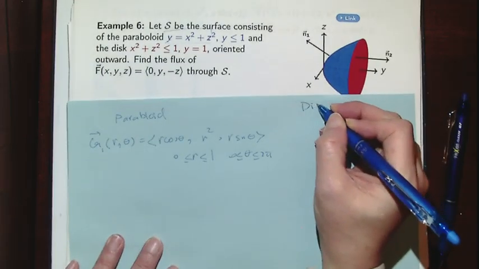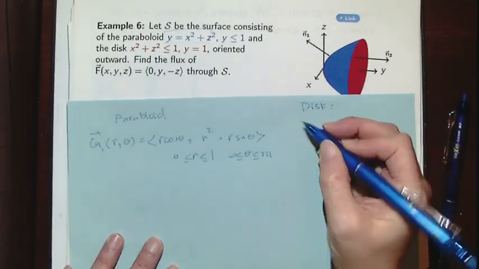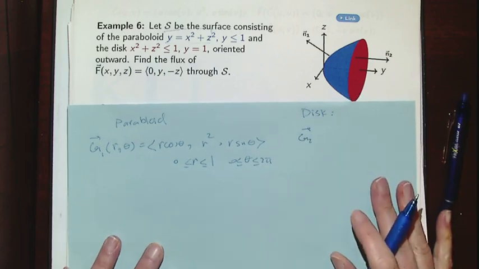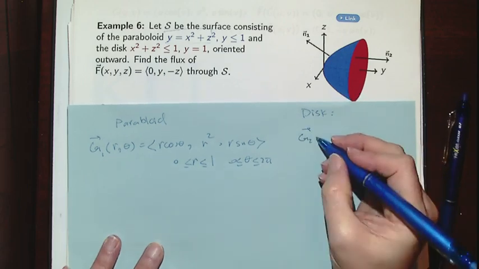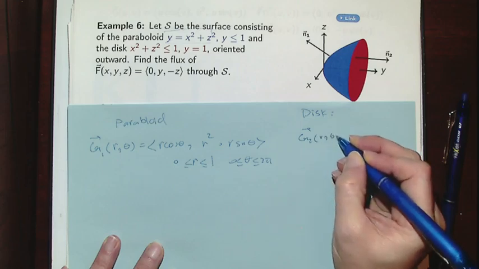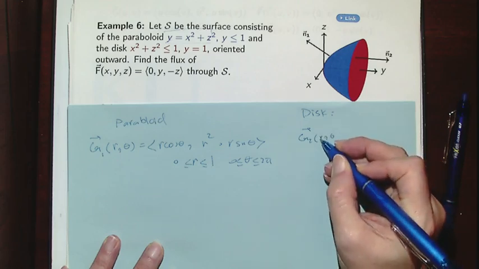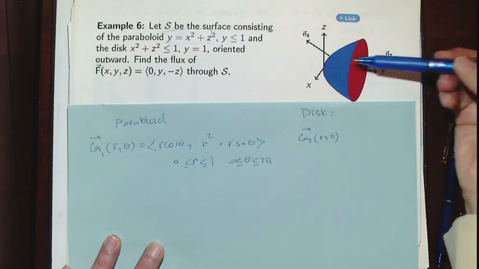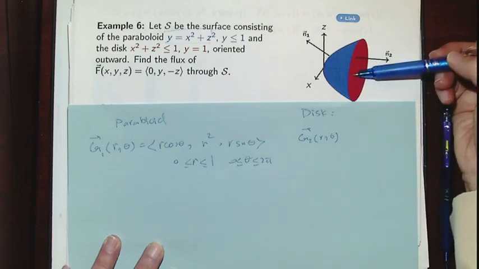A lot of you are going to make this mistake on the exam. How do I parameterize a disk? I wrote r and theta. Why did I write r and theta? R is changing, right? Look at the red.